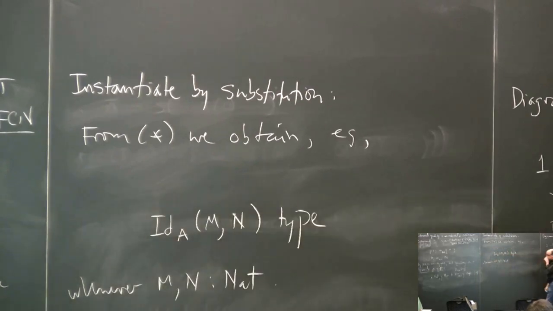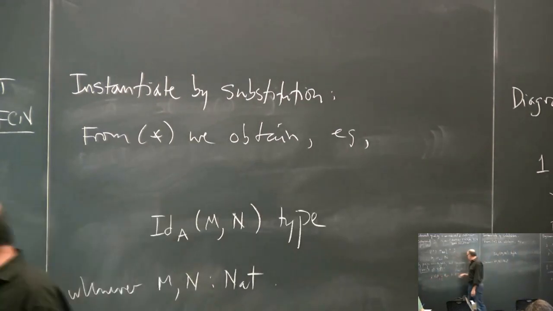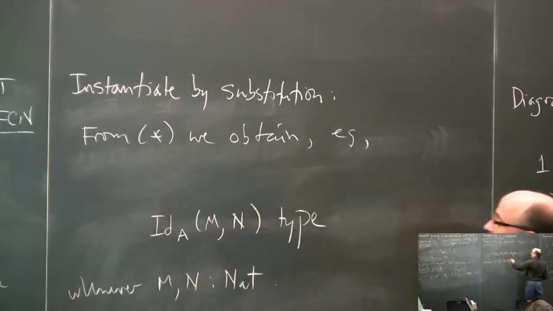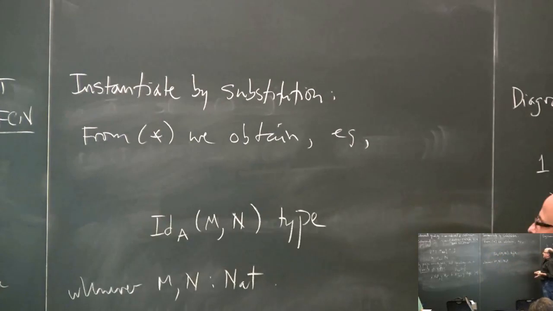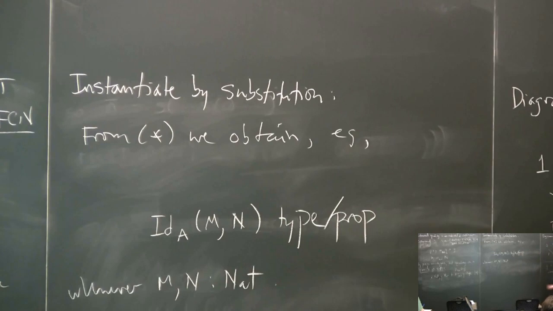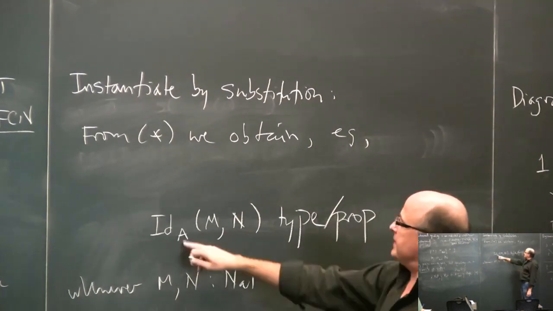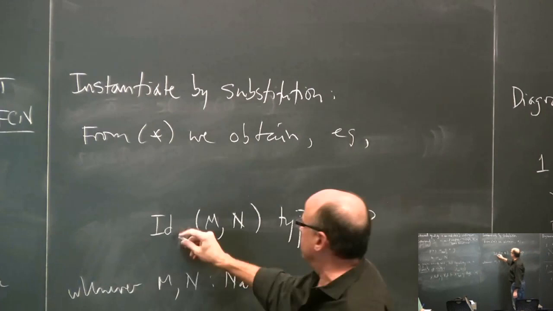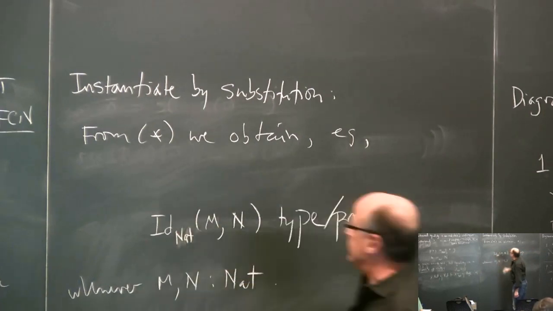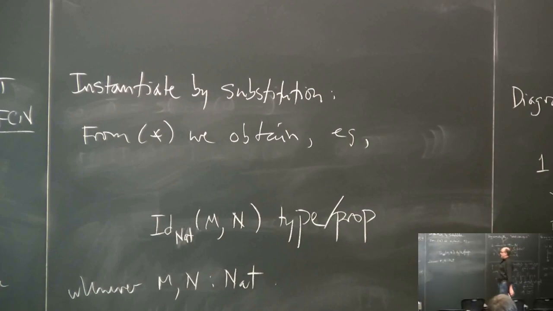So I have a family of types indexed by these variables, I can plug in for the variables and obtain instances of that. And that is an honest-to-God type, aka proposition. For right now, I'm being loose about that. It's a type, also known as a proposition, expressing the equality of M and N in type A. In general it's A, but in the particular examples I'm doing, it's NAT.